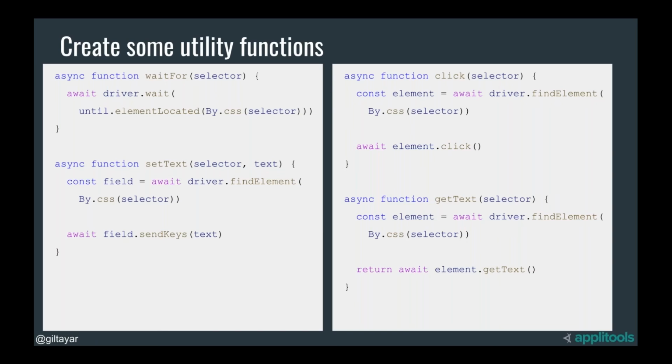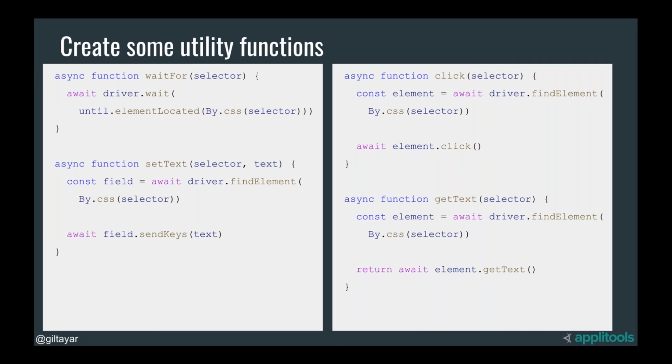First, I'll explain what I'm doing, and then I won't write it because it takes a long time, but we'll see how it looks. So first of all, I'm creating some utility functions. Instead of always writing await driver.findElement, await driver.click, etc., we'll write one for waitFor, which waits for an element to appear, setText, which sets the text of an element, click, which clicks on an element, and getText, which gets the text of an element.